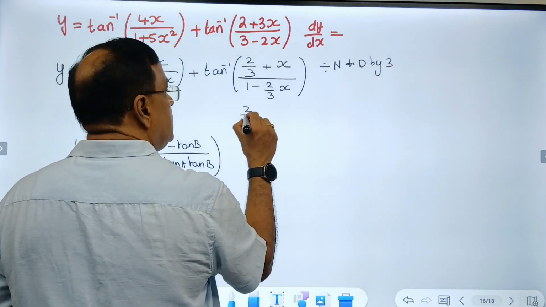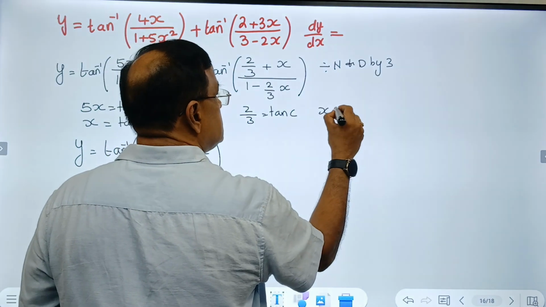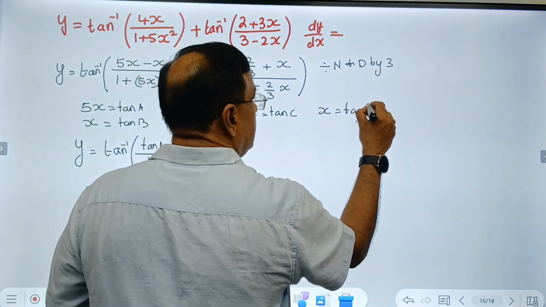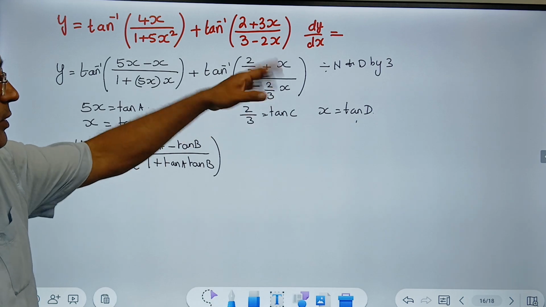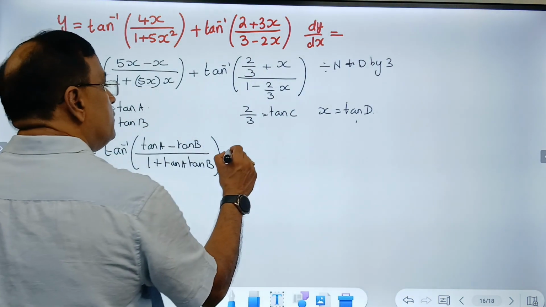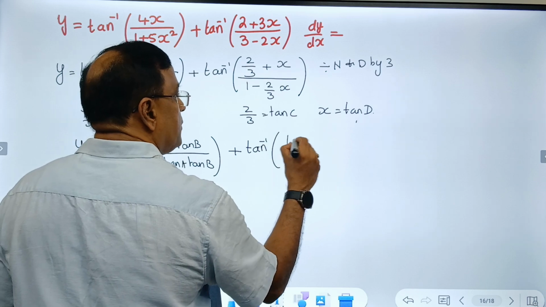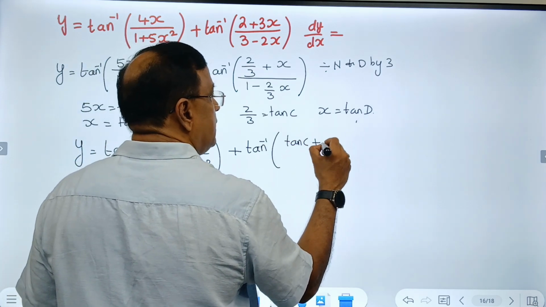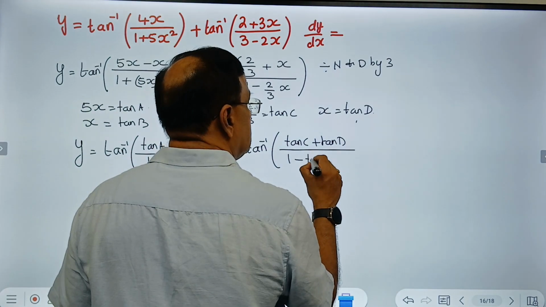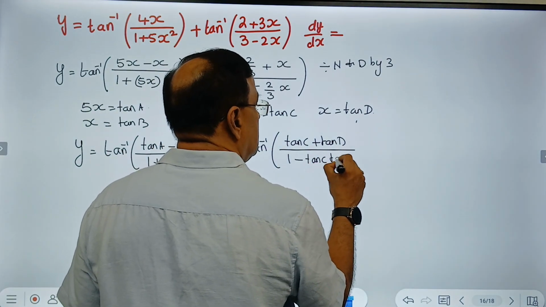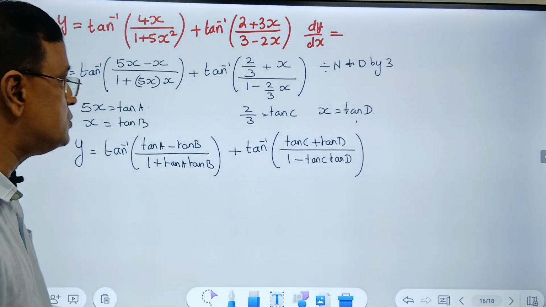I take 2 by 3 as tan C and I take x as tan D. So don't think of this x. Let's deal with this separately. So this will be tan inverse of tan C plus tan D divided by 1 minus tan C tan D. In fact, if you want, you can write it as tan B, no issues.